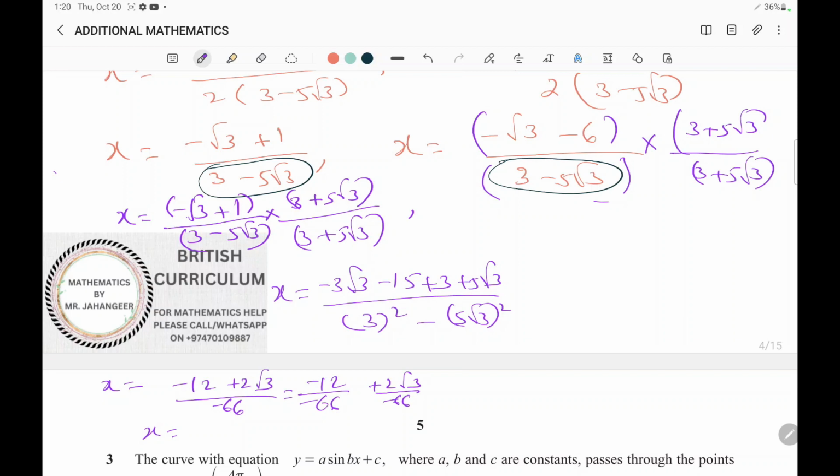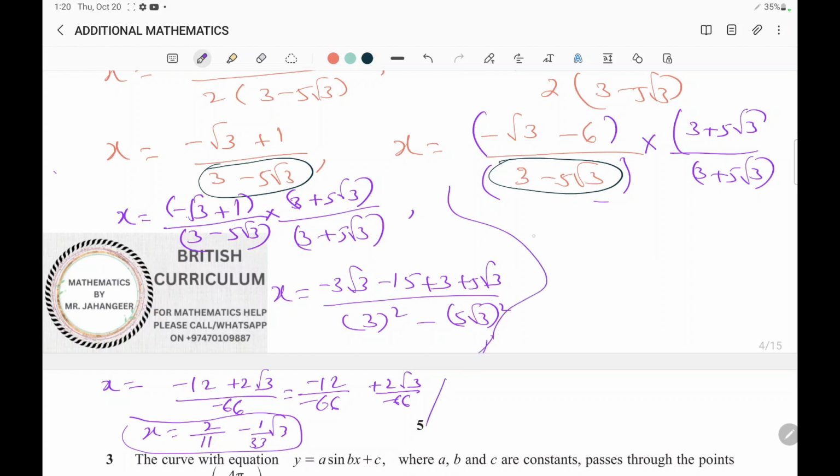Yes guys, with minus 12 over minus 66, you can use a calculator there. You can get 2 over 11, and 2 root 3 over minus 66, you will get minus 1 over 33 times root 3. So this is your one answer, but we have not completed yet.